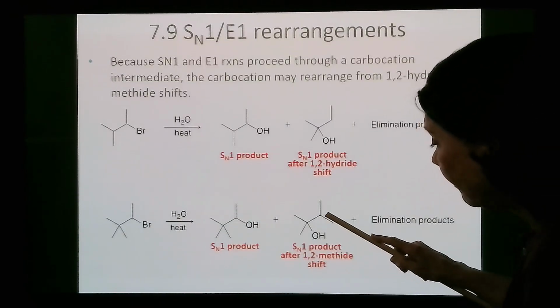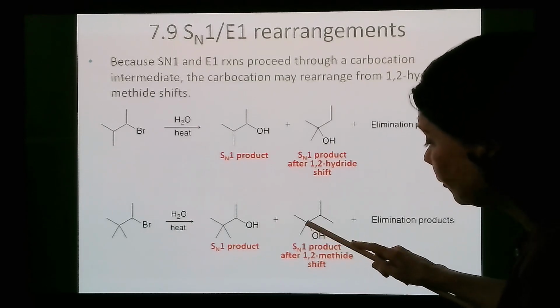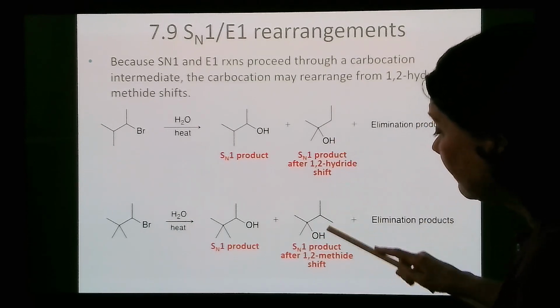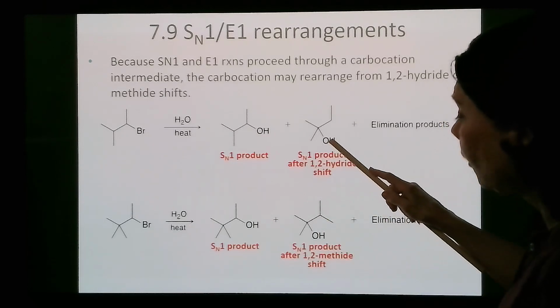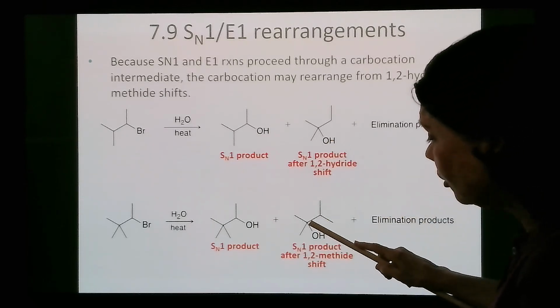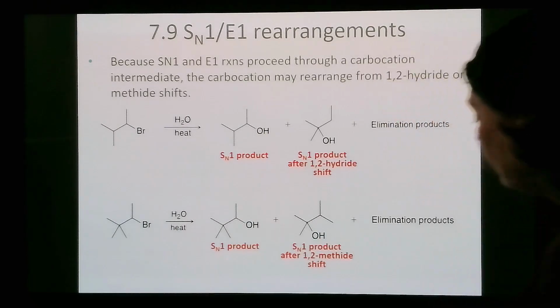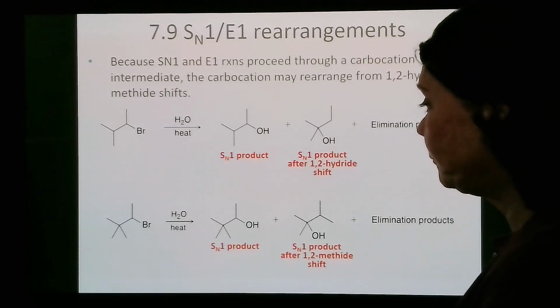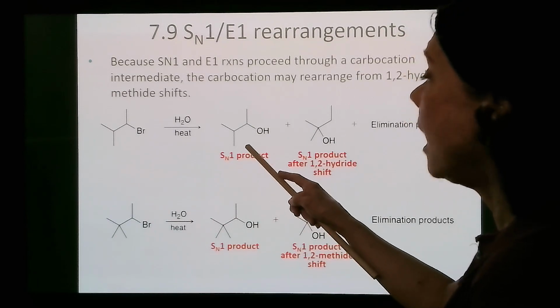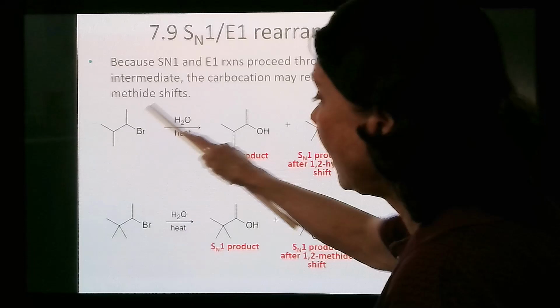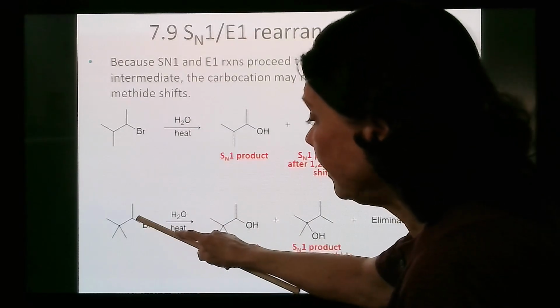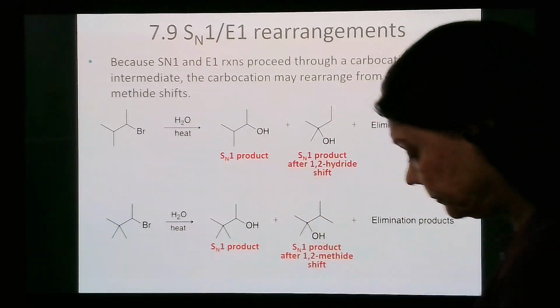So here is the methyl that came from this carbon atom. And once again, this is the rearrangement product where oxygen attacked at that tertiary carbocation after it was formed by the rearrangement. You're also going to have some of the unrearranged product where the oxygen has come in and attacked at the secondary carbocation, of course.